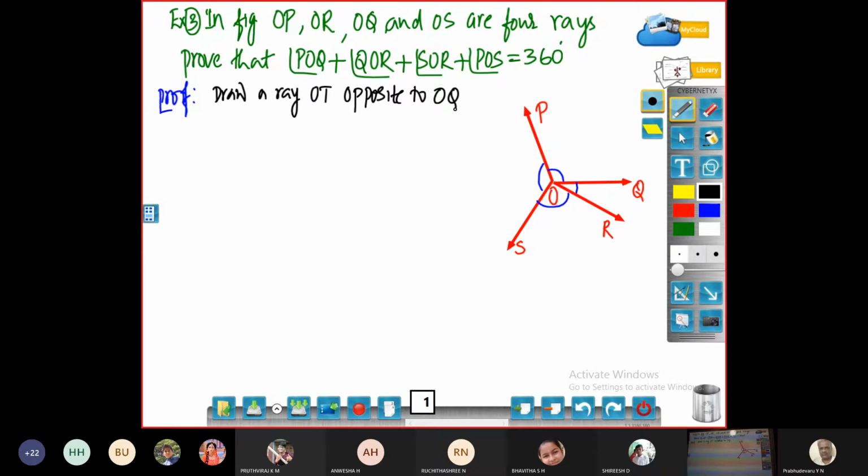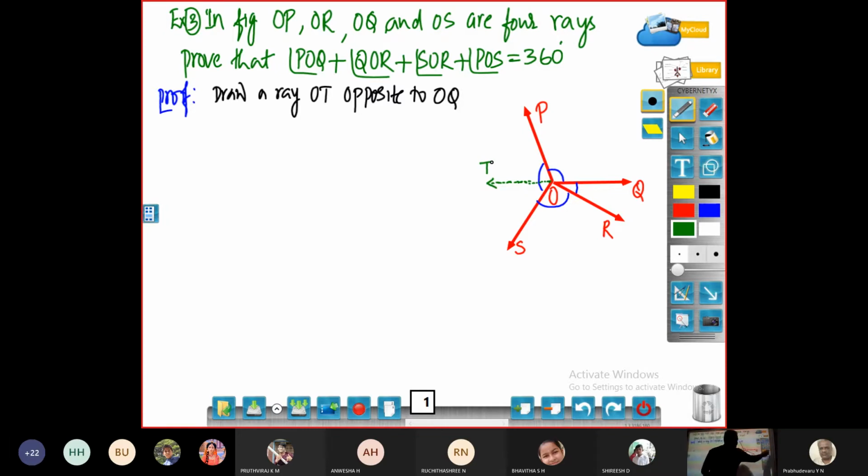You need to draw a ray OT opposite to OQ. So let us draw the line opposite to this. We can call this OT. OT is a ray which is exactly opposite to OQ.